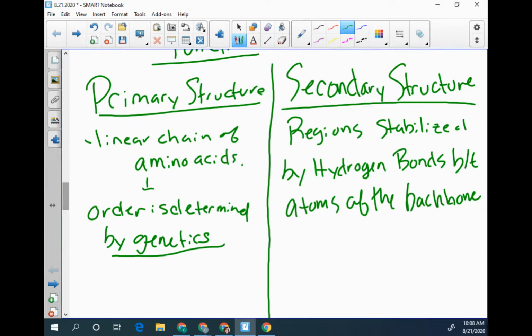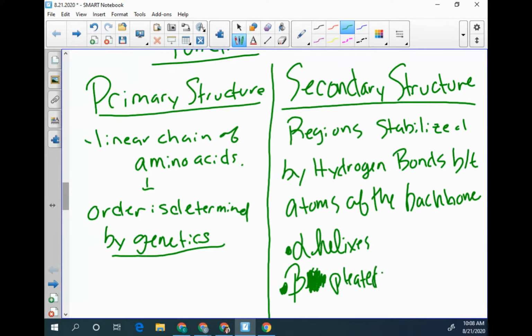And those hydrogen bonds can lead to alpha helices, or helixes, I guess, and beta pleated sheets. So in an alpha helix, essentially that big long string of amino acids can twist up like this.